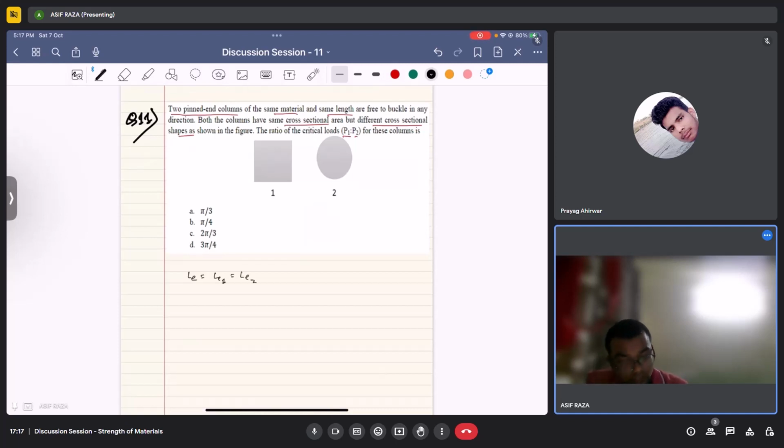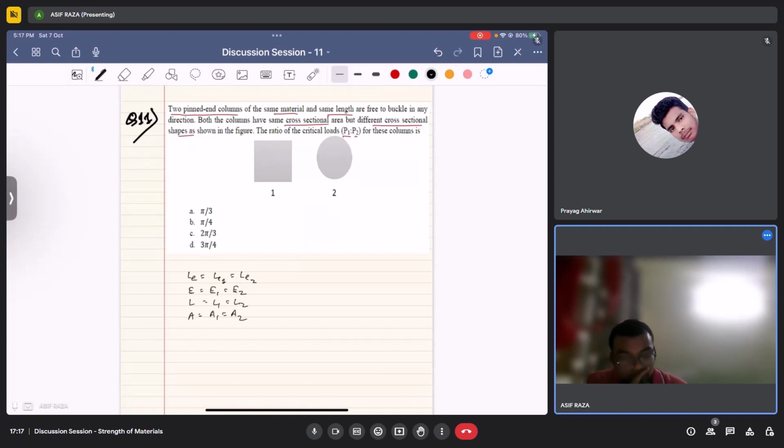Then E is the same for both, E1 and E2. Same length, so L1 equals L2. Free to buckle in any direction. Both the columns have the same cross-sectional area, so A1 equals A2.